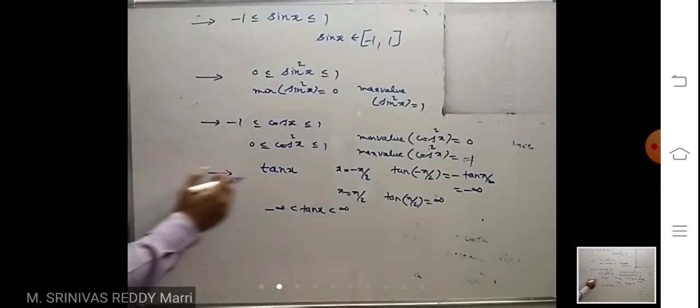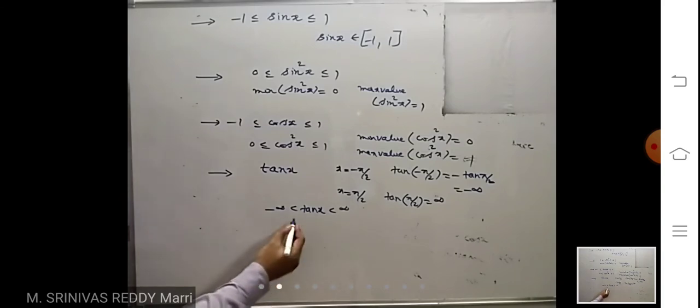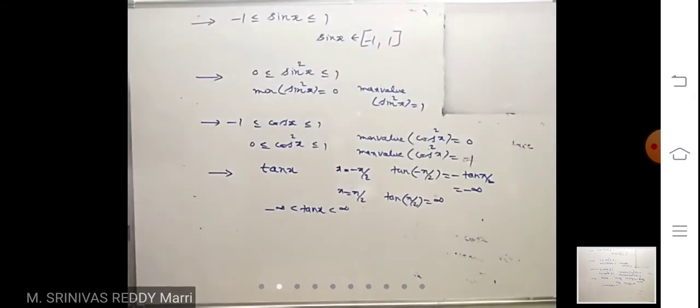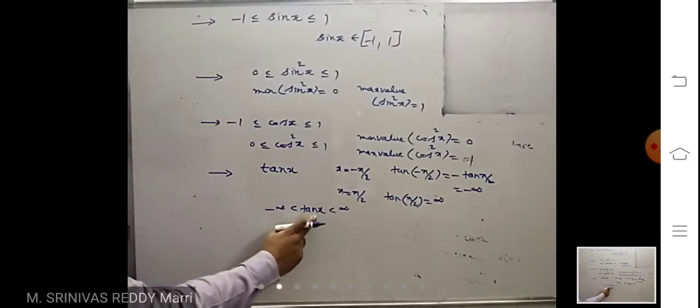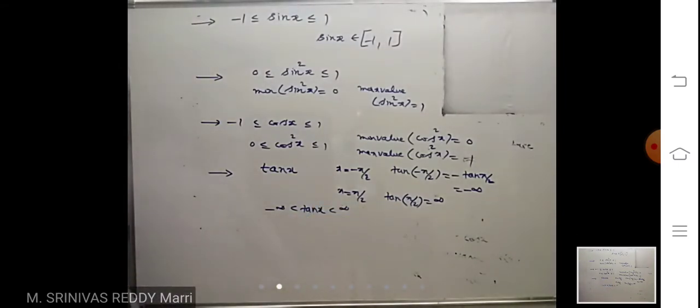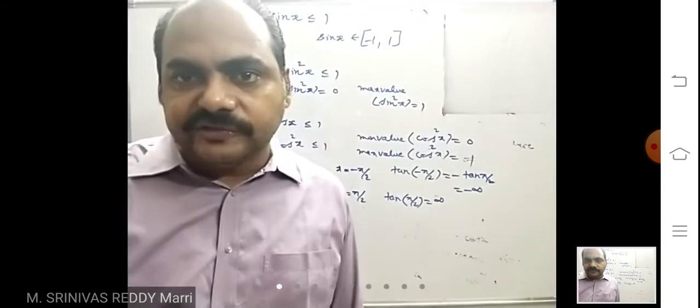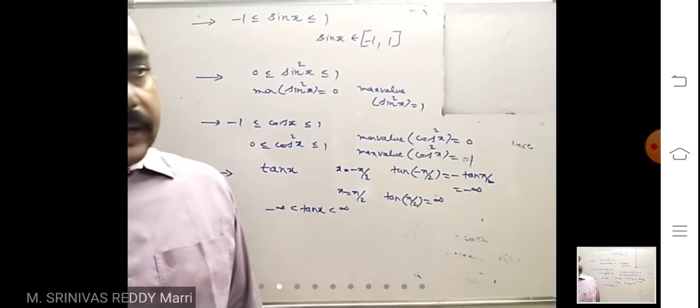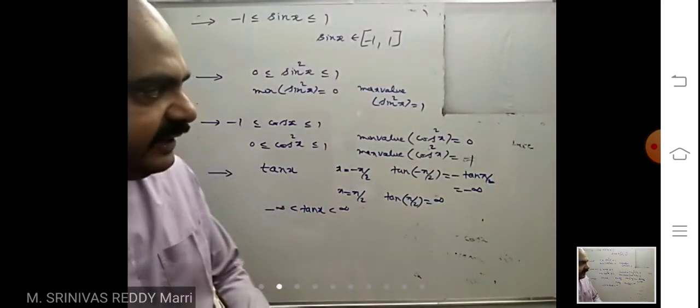Minimum value is minus infinity. Maximum value is infinity. Or otherwise we will say that tan x will take all the real values. Tan x, suppose if you substitute pi by 4, you will get 1. Tan 60, if you substitute, you will get root 3. Like that, all the values you will get for tan x. It lies between minus infinity to infinity.